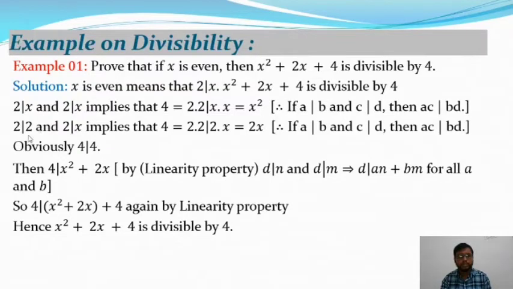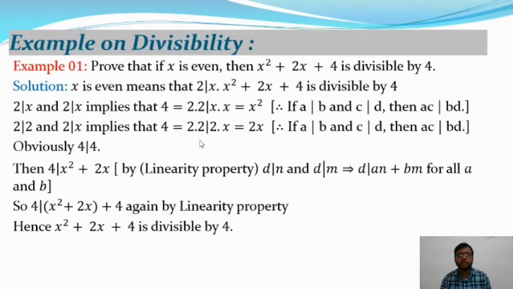Now move on to the next part. 2 divides 2 and 2 divides x, and this implies 2 times 2, that means 4, divides 2 times x, that means 2x. The same property applies: if a divides b and c divides d, then ac divides bd.